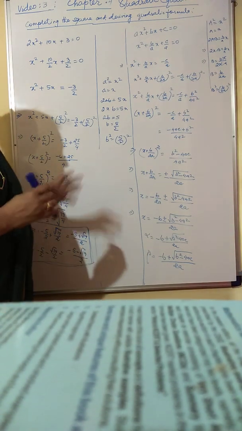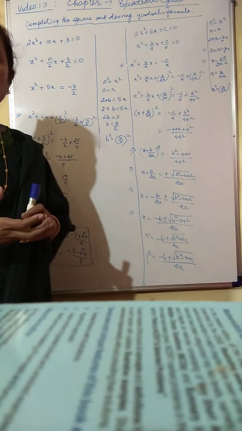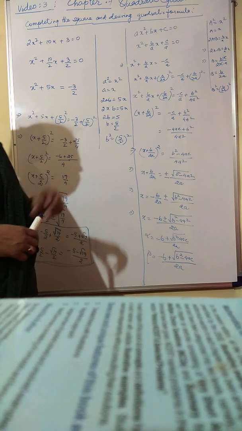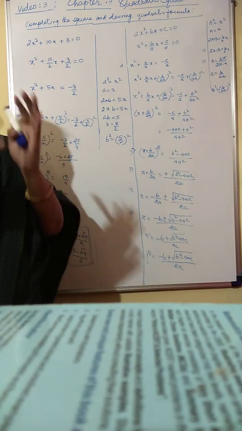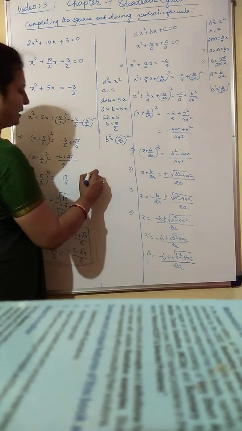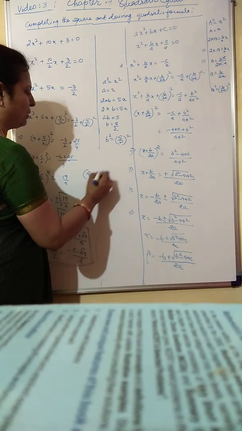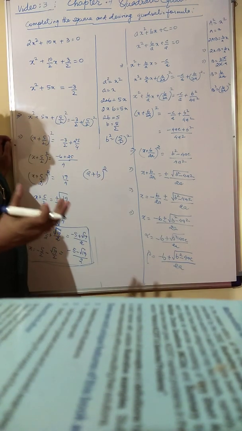Now when I talk about a square here, what am I talking about? In terms of a quadratic equation, completing the square means making it a complete square binomial. For example, when I write (a plus b) whole square, this is a complete square. That means the two factors are equal.